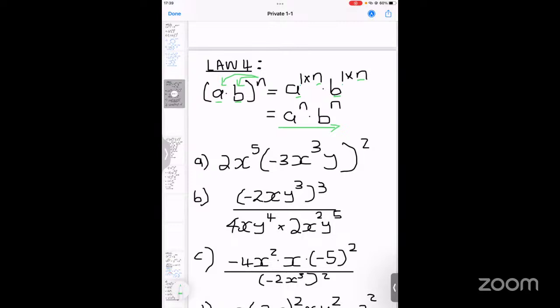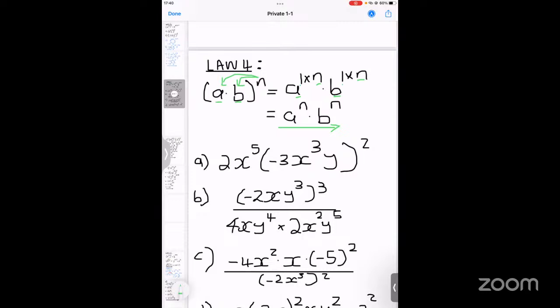So that's why you end up having that being law number 4, as we multiply the outside exponent by the inside exponent of every base. It doesn't matter if inside we have a, b, c, d. You will just say a to the 1 times n, b to the 1 times n, c to the 1 times n, d to the 1 times n.